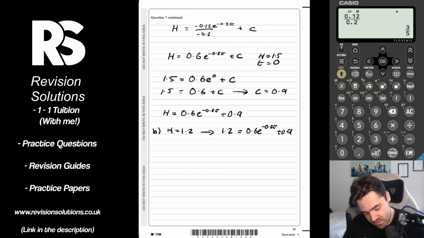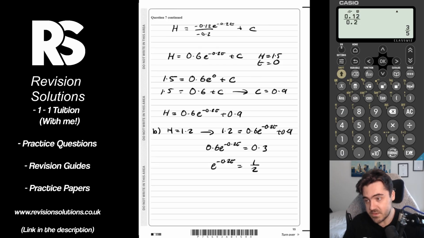Then we just have to rearrange. We're going to need a logarithm to solve this, but let's start with rearranging. So we'd have 0.6 e to the minus 0.2t would be 0.3, subtracting off the 0.9. Then division by 0.6, that's just a half. So we have e to the minus 0.2t is a half. Then we can rewrite this with a logarithm.